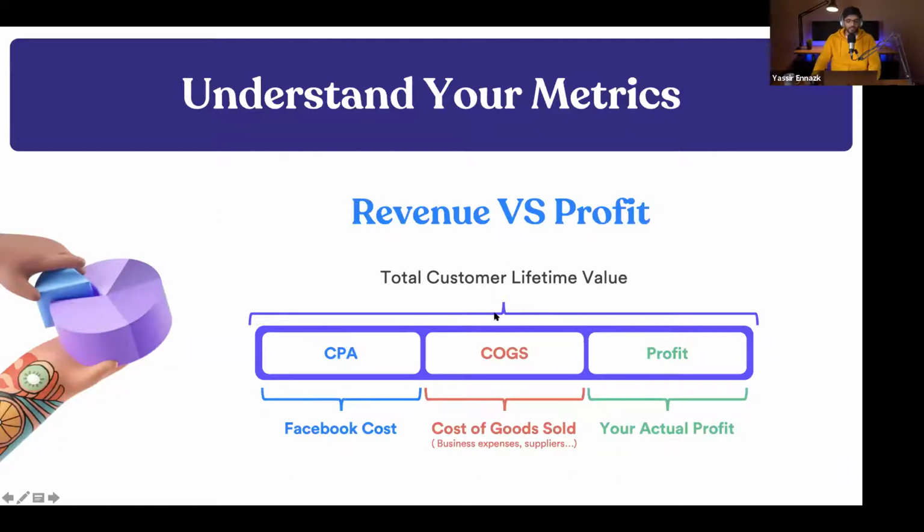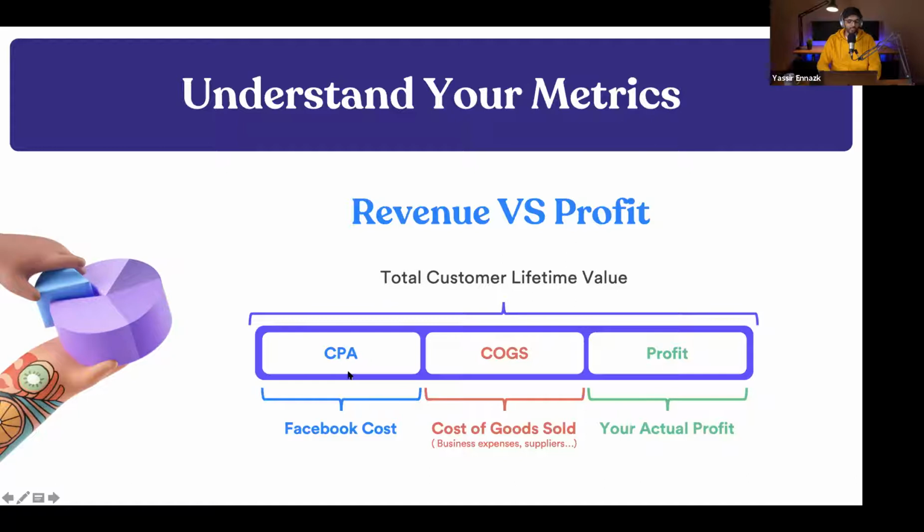So in this image here, we see that we have a cost for Facebook, a cost for the goods sold, and the profit. And the total here is the actual revenue, how much we made, right? So in this example here, we have a return on ad spend of 3, because the revenue is 3 times the amount we spend on Facebook.